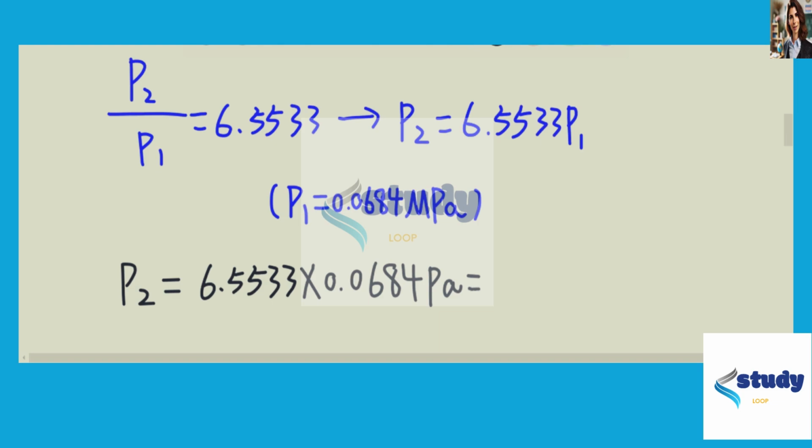And this will give us P2, which is the pressure after the shock, is equal to 0.448 megapascal, which is 448 kilopascal.